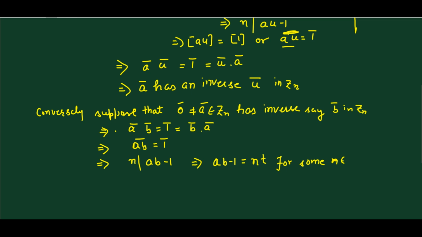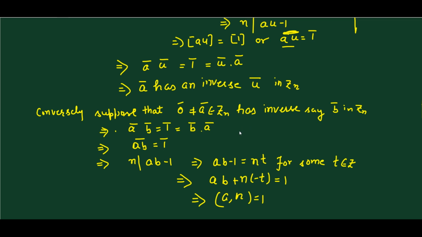Let me correct this one. Rewrite this in this way: ab plus n times minus t is equal to 1, and from here you can use again the number theoretic result that the GCD of a and n is 1. So this is the converse part.